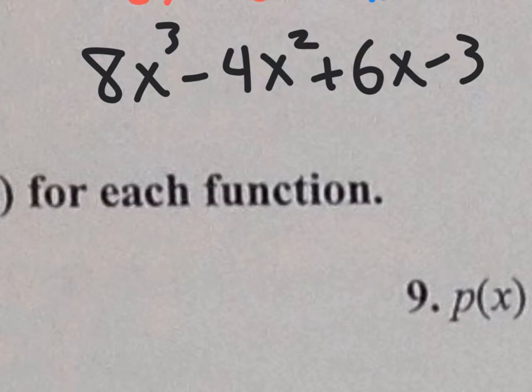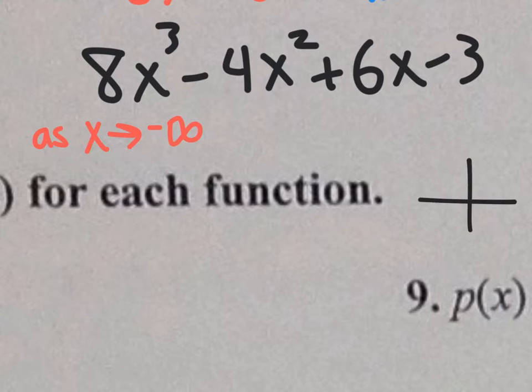If I asked you for the end behavior, you would say, as x approaches, let's think about to the left, negative infinity. What do we know about cubic functions? What's the end behavior of the simplest type of cubic function? If you forgot, the simplest cubic function looks something like this.